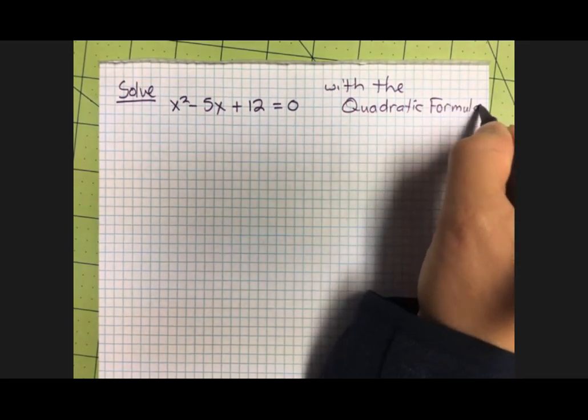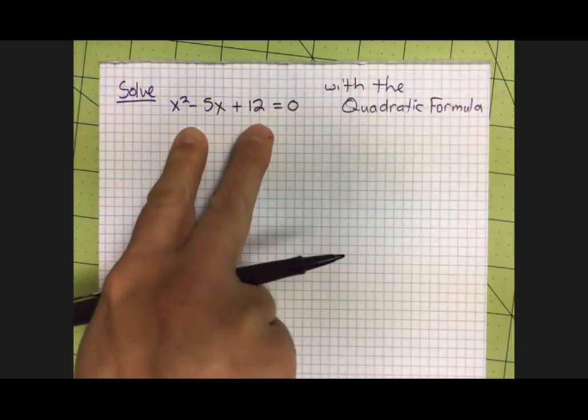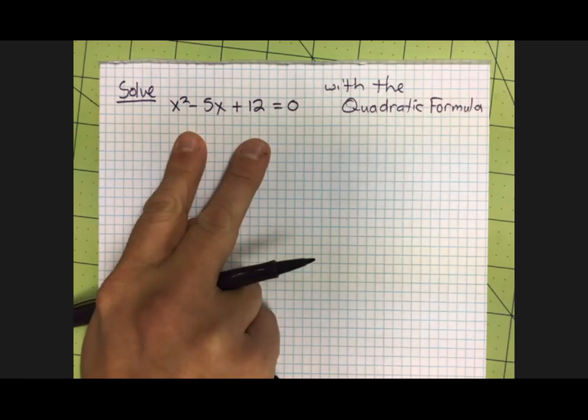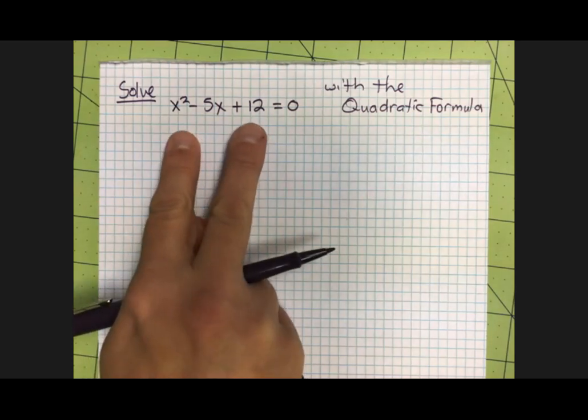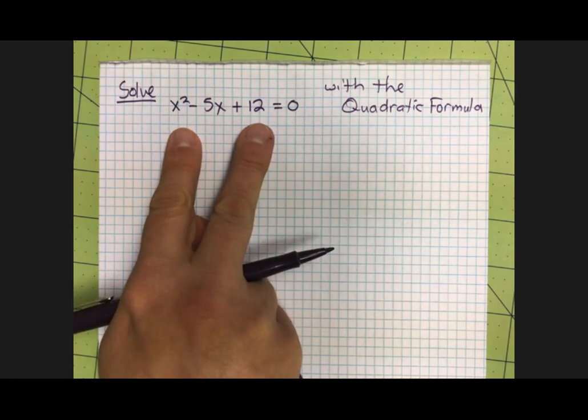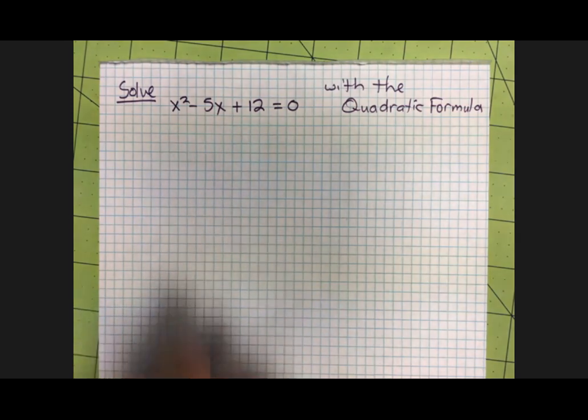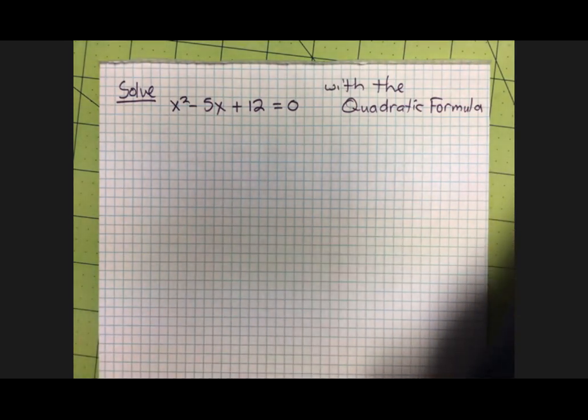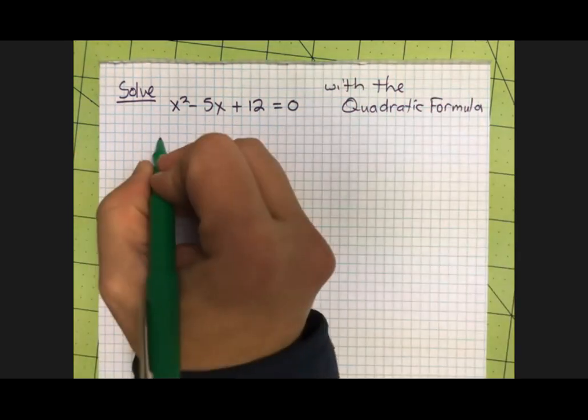And I'm not picking a nasty one. I would call this one a medium. The reason I'm going to call this one a medium is because there are going to be some complex numbers here, but the numbers are not too huge and nasty. Okay. Step one.